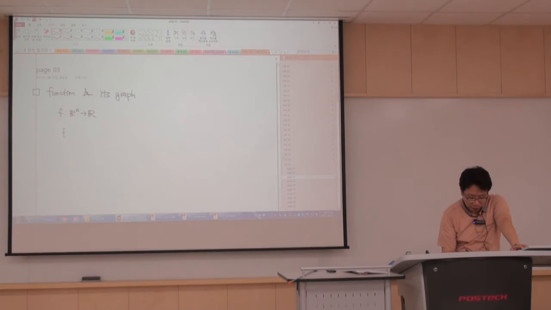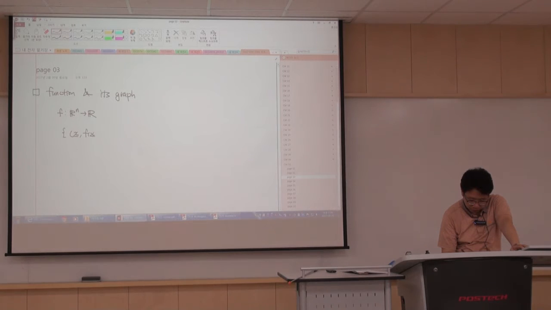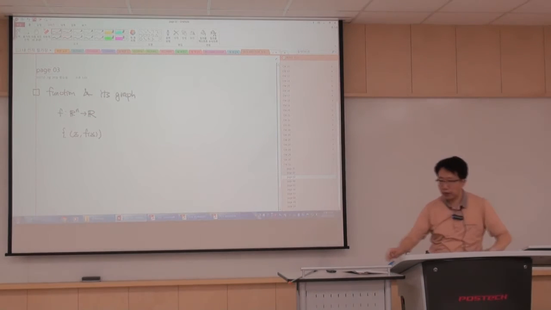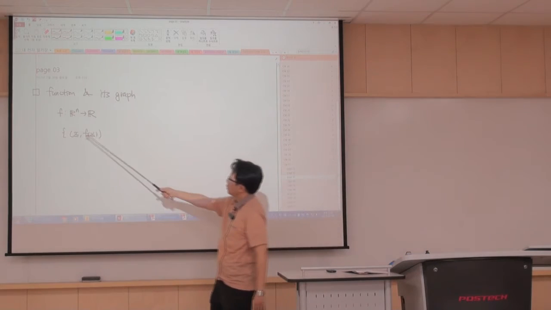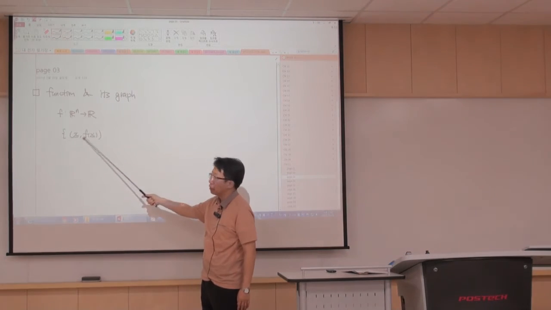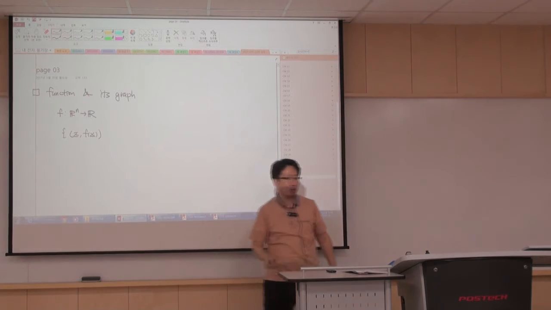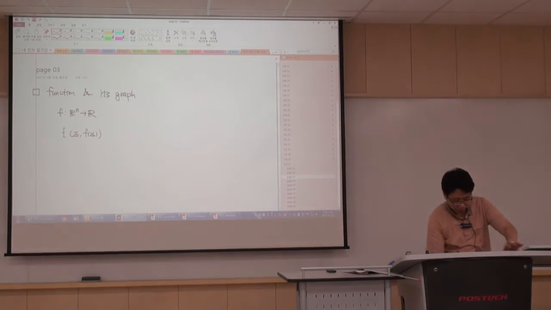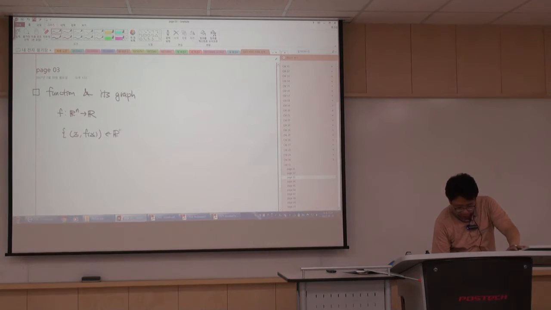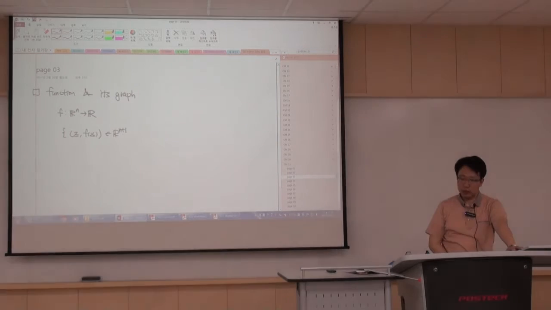Graph is a set of points. By the way, what is this point? What is the length of this pair? This is length n. This is length 1. So R^(n+1). Got it?